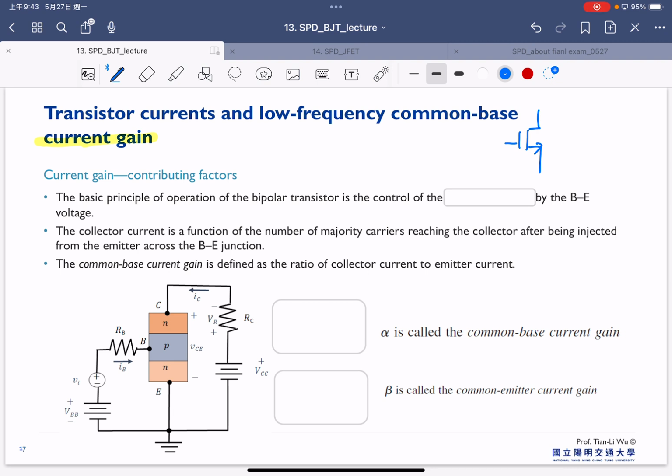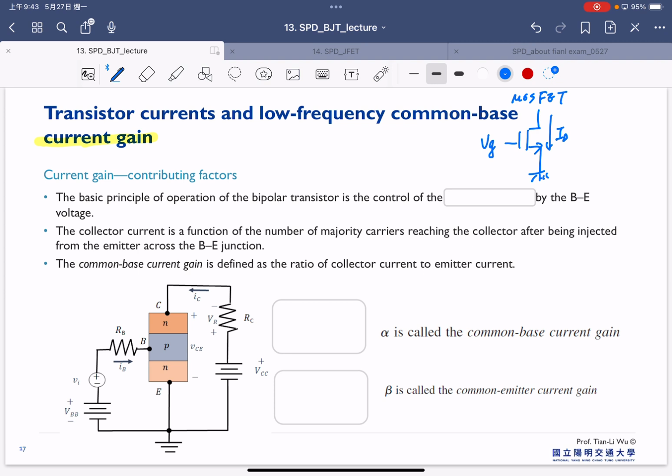In the case of the MOSFET transistor, as we apply the gate voltage here, once the voltage is larger than the threshold voltage, we start to have the drain current here.